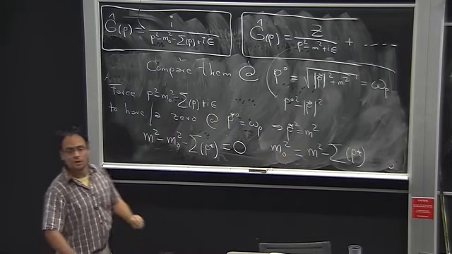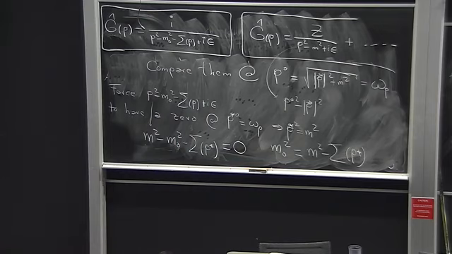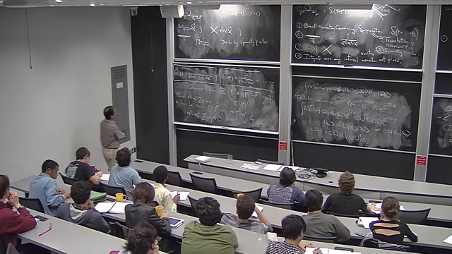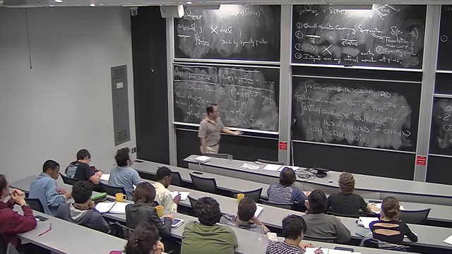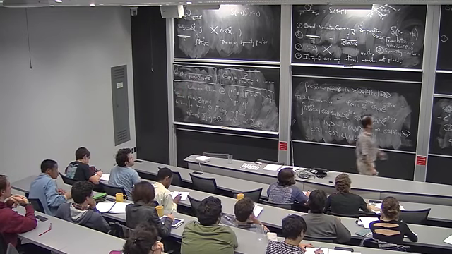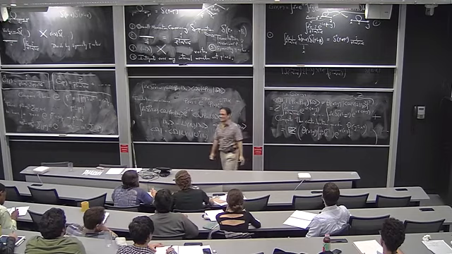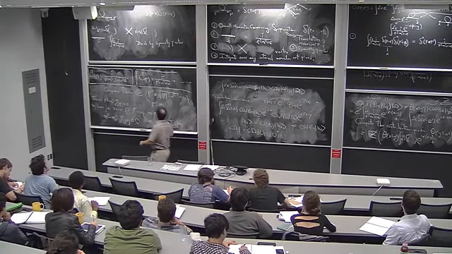Yes? Should I be worried that the expression on the left-hand side is imaginary and the one on the right-hand side is real? Sorry, which expression is real? This one. Well, that one has an I on the top, the other one doesn't. Yeah, the other one does. It's just that I didn't put it. Yes, thank you.